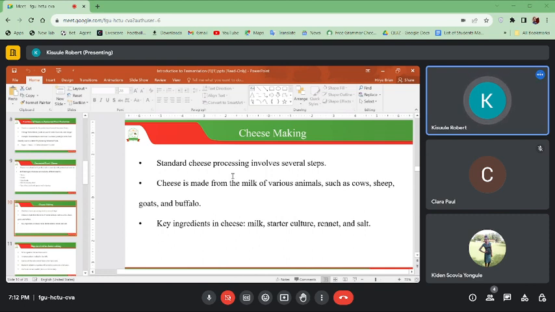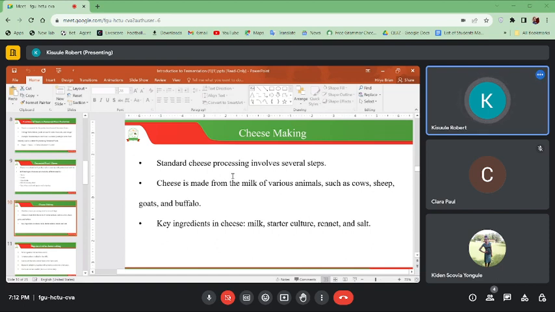So, cheese making, we are saying the standard cheese making process involves several steps, okay? Like earlier on, cheese is made from milk of various animals, such as cows, sheep, goats, and buffaloes. This is where we acquire milk. However, the cheese I know is only the cheese acquired from cows. But maybe people can even have cheese that comes from camels, for example, people in the Arab world.